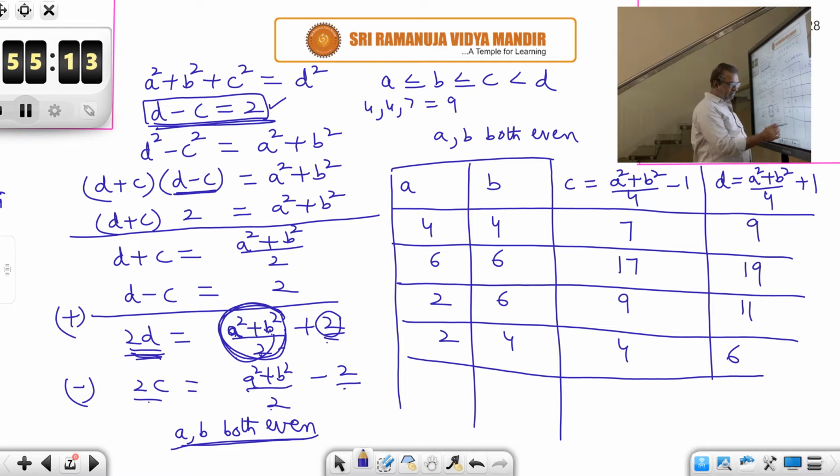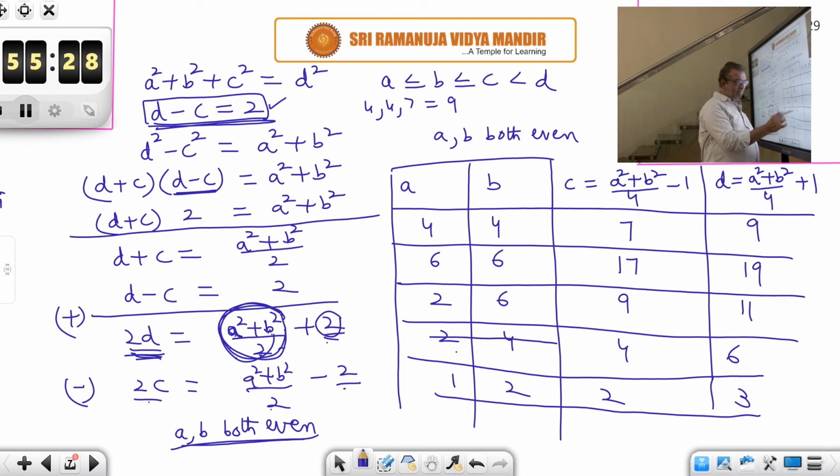If I divide by 2, I will get what? 1, 2, 2, 3. And this we have already seen: 1, 2, 2 is equal to 3. That we are taking and multiplying by 2. So this one is not acceptable. Okay. So like this you can get different numbers.